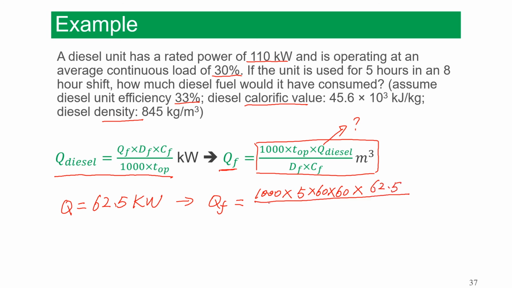DF is 845 by CF is 45.6 by 10 to the 3. This is kilojoule per kilogram. Need to convert it to joules per kilogram, equals 0.0292 cubic meter, equals 29 liters.